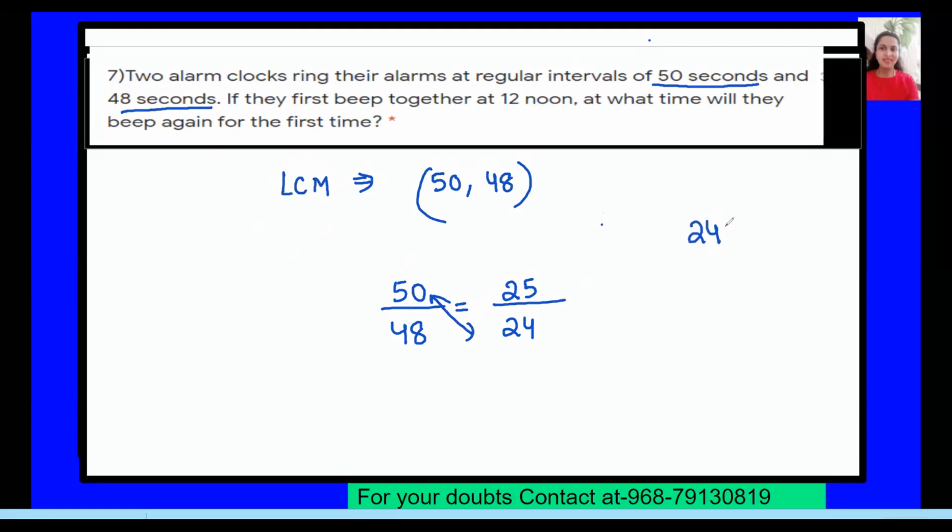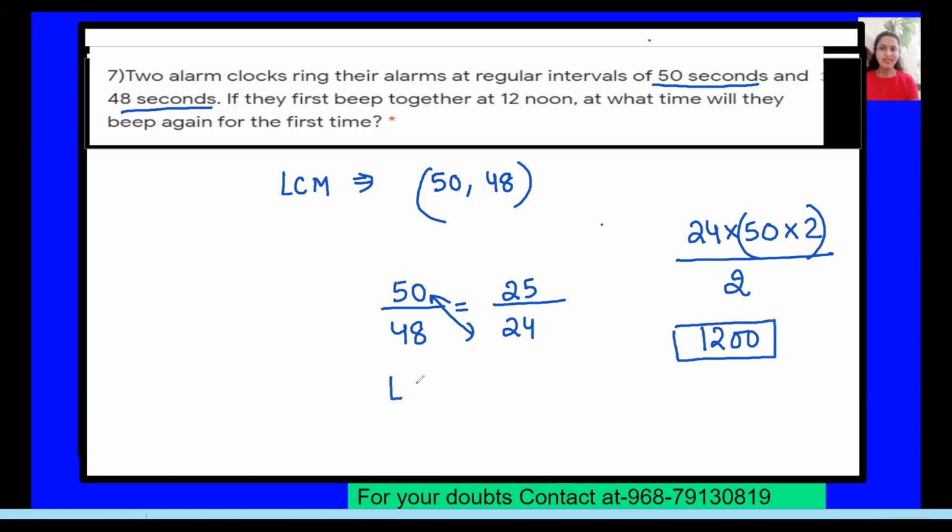So 24 times 50, I prefer to multiply up and down by 2 so that this makes 100. So this comes to 1200. That means our LCM is 1200 seconds. So after 1200 seconds, they will beep again for the first time.